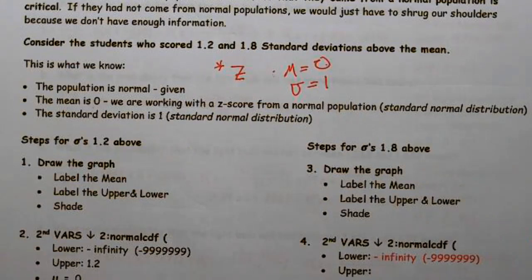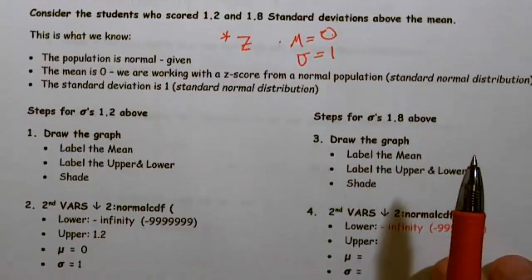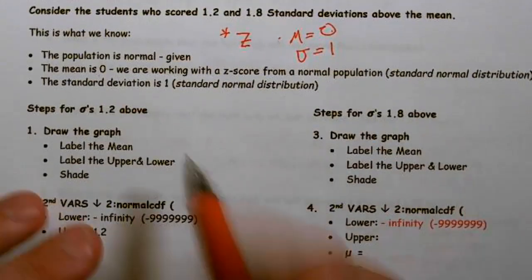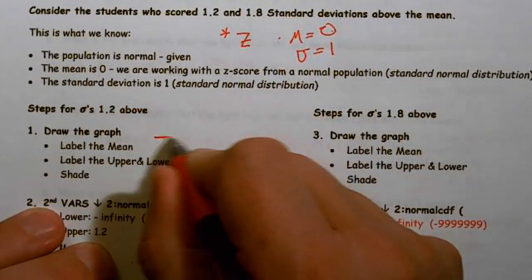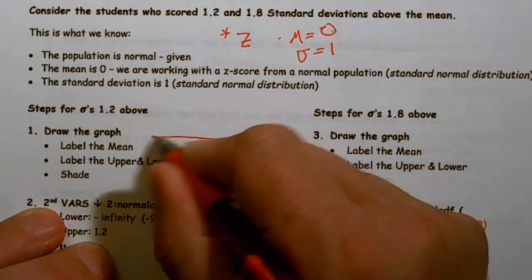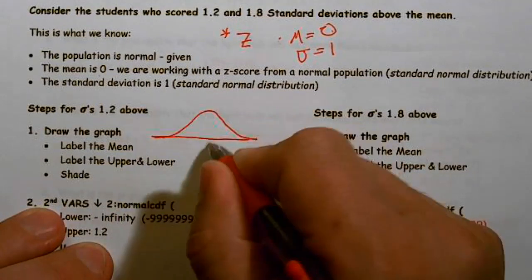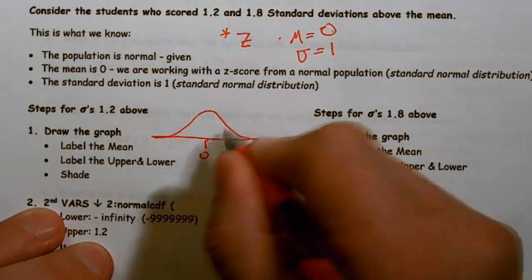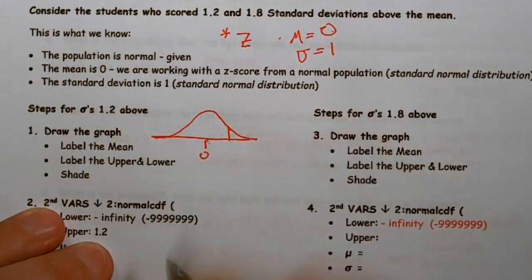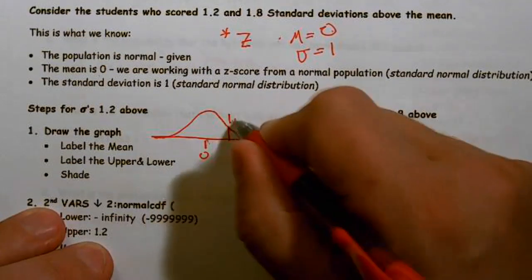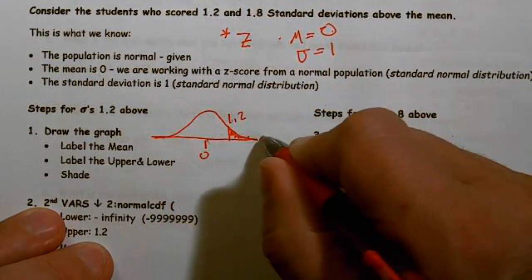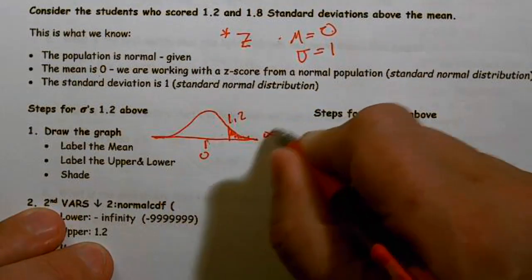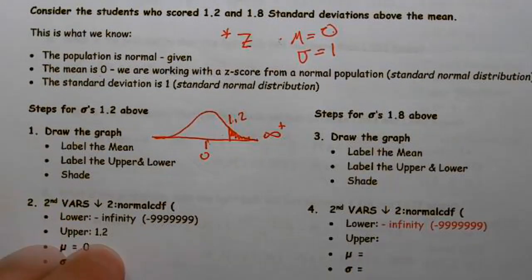All right. So first the 1.2, it says draw the graph and label. All right. So here we go. We're going to draw a graph, and mine are never very pretty. There we go. Well, there's my mean of 0. And I know in this case that the student had a 1.2 or above. So this is what I'm looking for. Above means it's going to positive infinity.